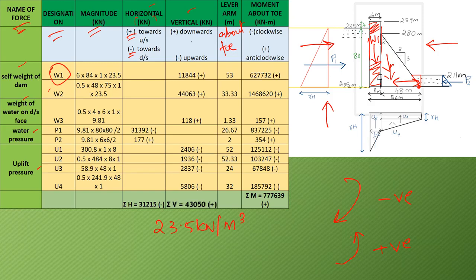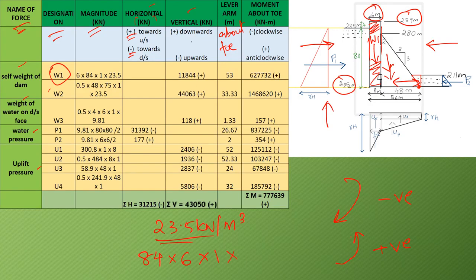To calculate the force, we need to find the volume of this rectangular portion, that is the height of the rectangular portion, 84, that is 289 minus 205, multiplied by the width, given as 6 meters, multiplied by unit length of the dam, as we have said earlier. We are considering unit length of dam for calculation.